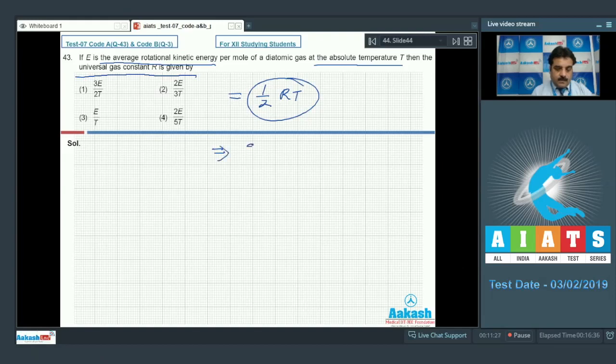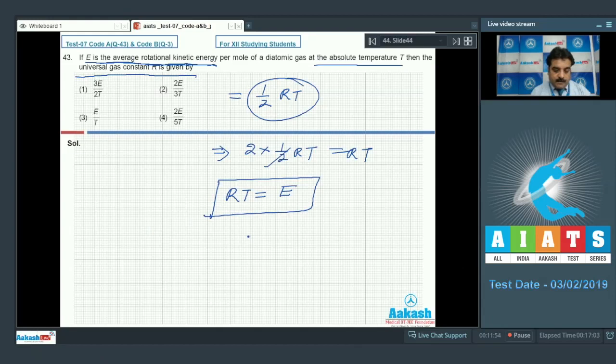That is 2 times 1 by 2 RT, which gives only RT. According to the problem, this RT is equal to E, because the question says E is the average rotational kinetic energy per mole of diatomic gas at absolute temperature T. By this equation, R is equal to E by T, and I need this. So for question number 43, option number 3 will be the right choice.